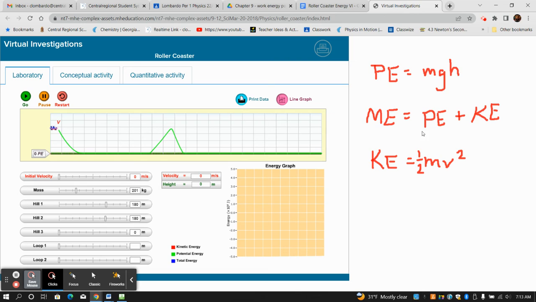So usually the easiest way to calculate mechanical energy is if you know the mass of the cart, which we have right here. It should be 200. I just couldn't get it to be right on it. And the height: mass times gravity times height.